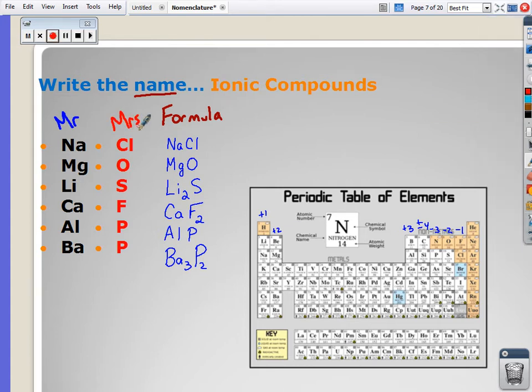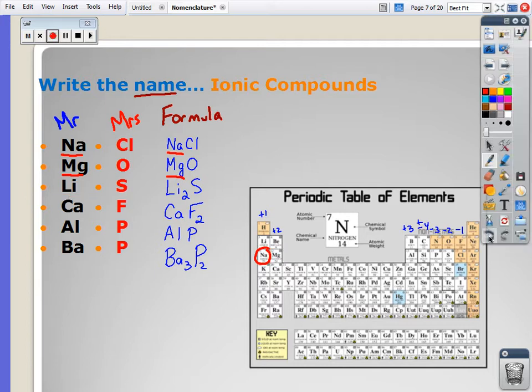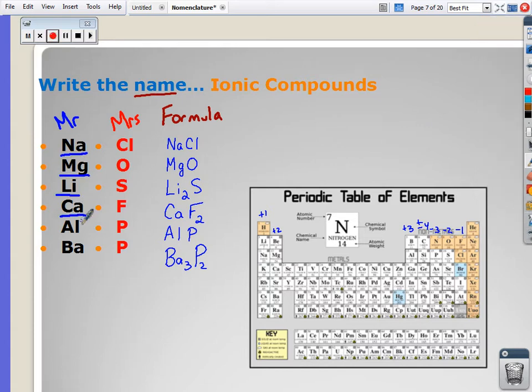So you ask yourself, sodium is a metal. Magnesium is a metal. Lithium, up. You know, I should be doing this in the same color as the metals, so it makes it clear for you. Sodium, magnesium, lithium, calcium, aluminum, and barium are all metals.